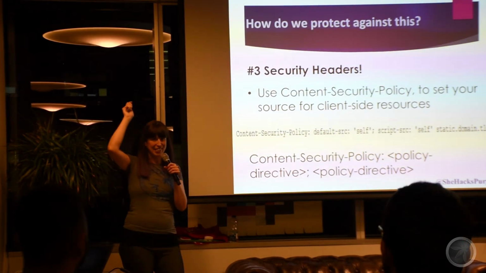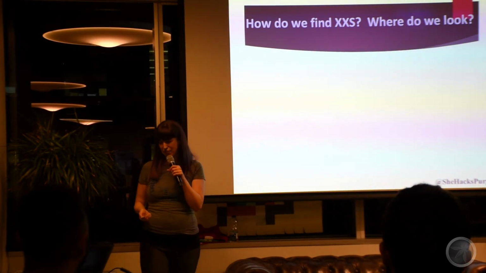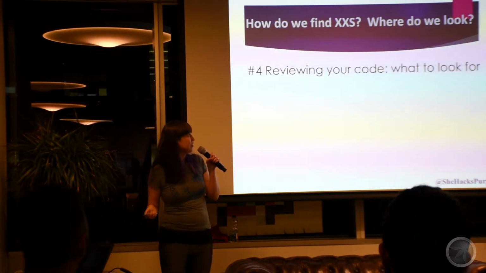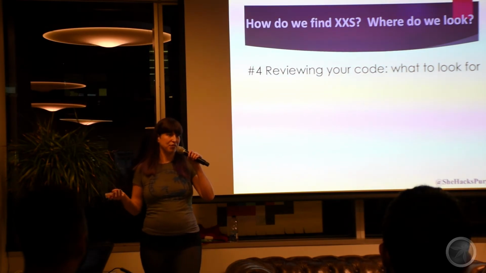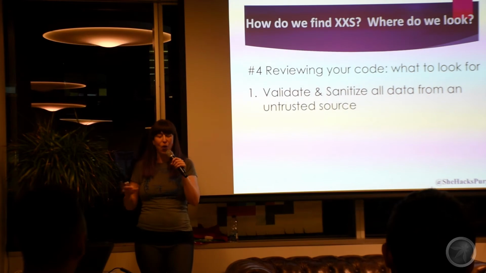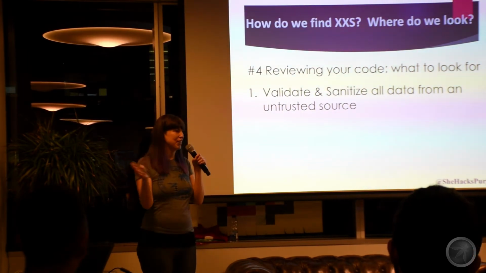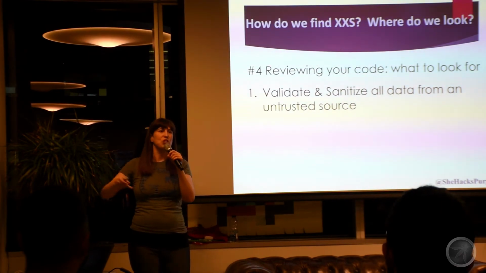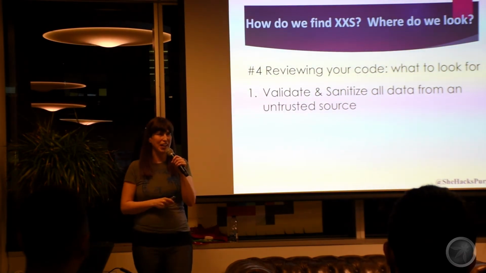Cool. Okay, next. So now we're on step 4. Where do you look? You look in your code for cross-site scripting. Look at all of your data. Make sure wherever you're getting your data from, you've sanitized it. I think we should review code, we should all be well behaved.